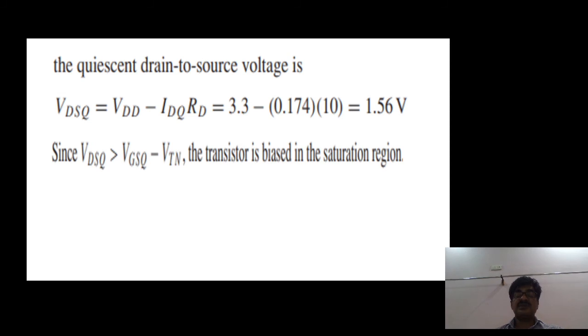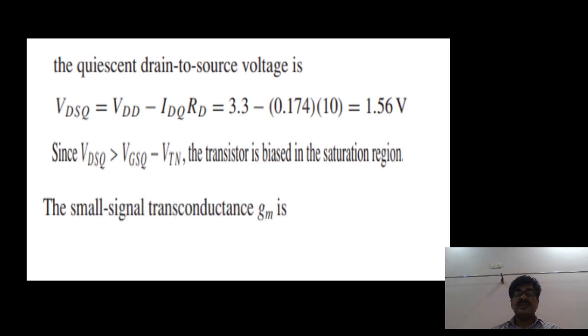Is it in the saturation region or non-saturation region? Now you observe that VDSQ is greater than VGS minus VT, therefore the transistor is biased in the saturation region. If this condition is not satisfied, the transistor operates in the non-saturation region. But for amplification, it should be in the saturation region of the MOS transistor characteristics.